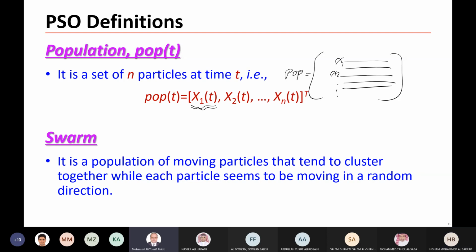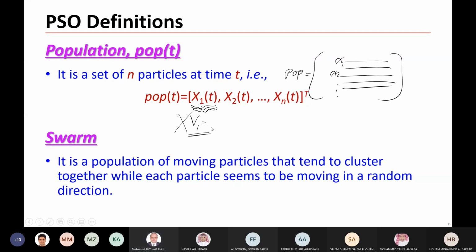This is a particle. This is a solution of the problem. The X1, but the V, the velocity, is not. The velocity is not a solution. The X is a solution. Did you get the point? Yes, now it's clear. Okay.